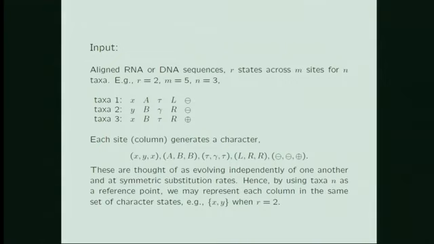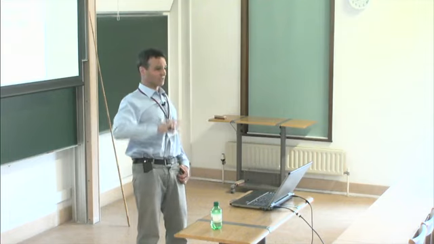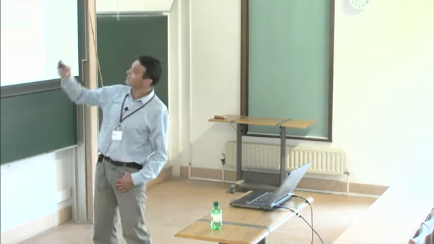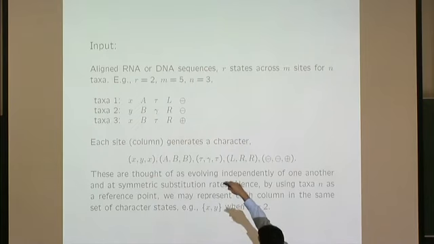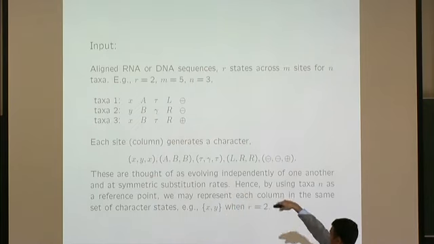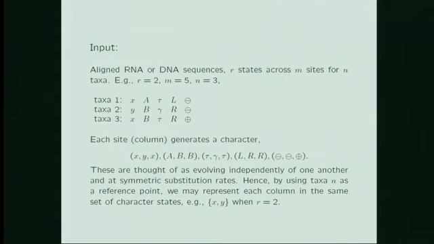But I assumed in this example that there are 2 versions of each. So taxa 1 has the first version at the first site, and taxa 2 has the second version, and so on. And so each column generates a character as introduced in the previous slide.